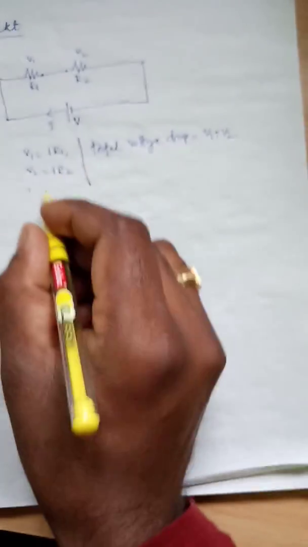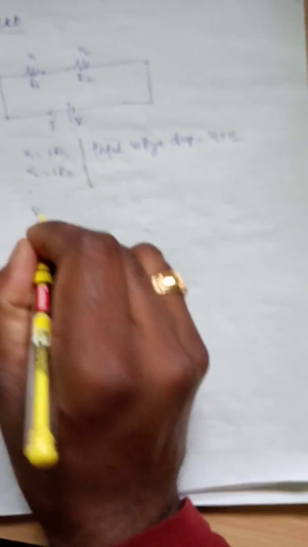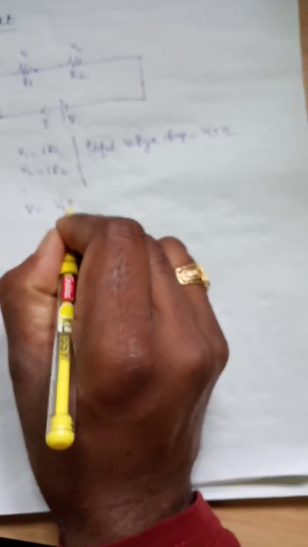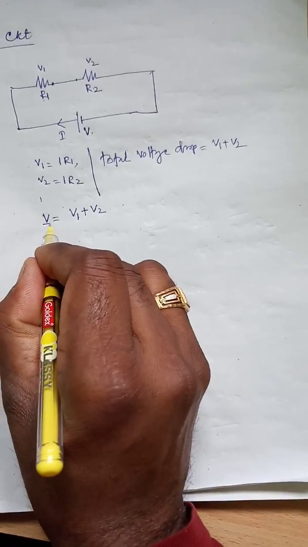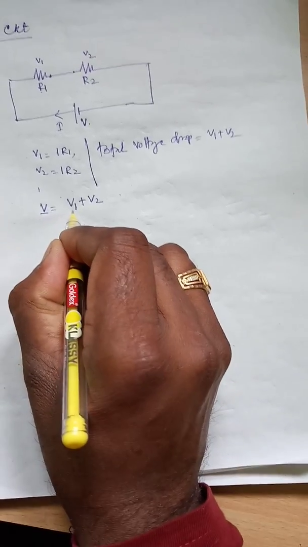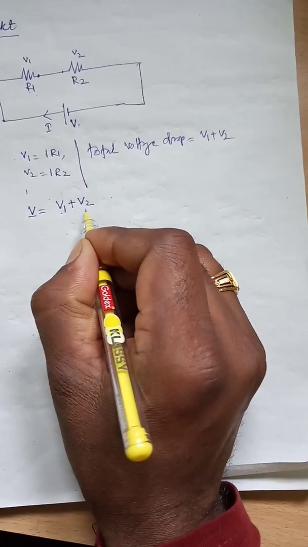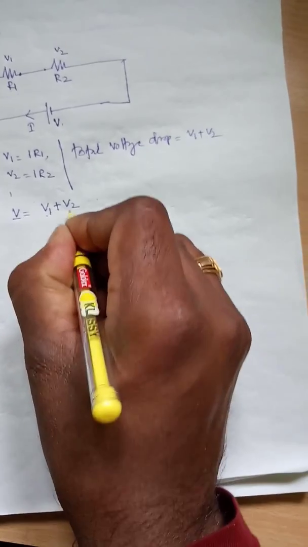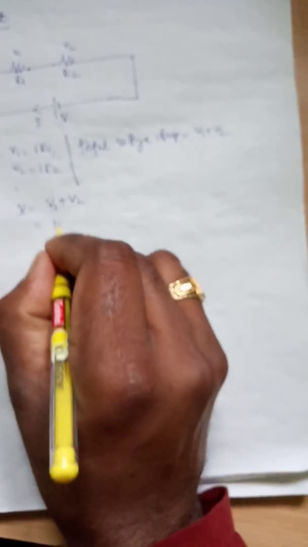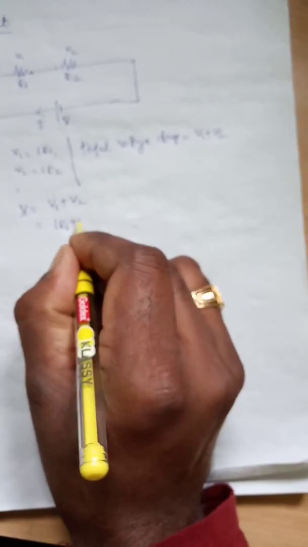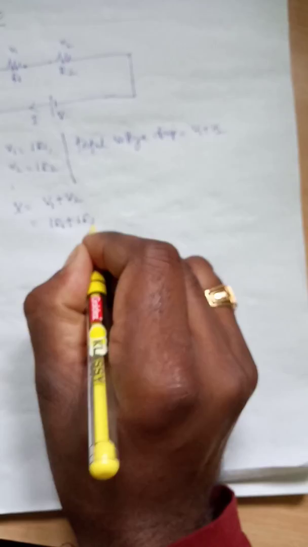Let the total voltage V be equal to V1 plus V2. We give the supply voltage V, and this is the drop V1 across the resistance R1 and V2 across the resistance R2. So V1 is equal to I into R1 and V2 is equal to I into R2.